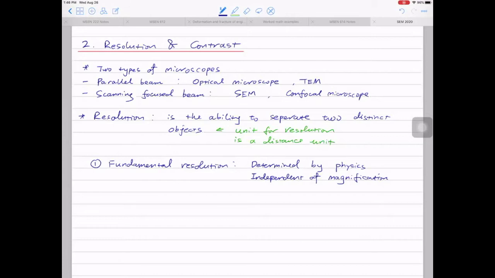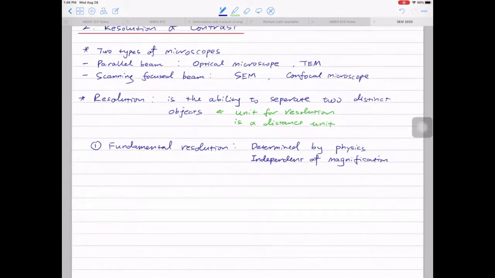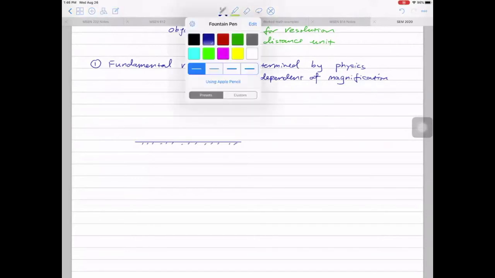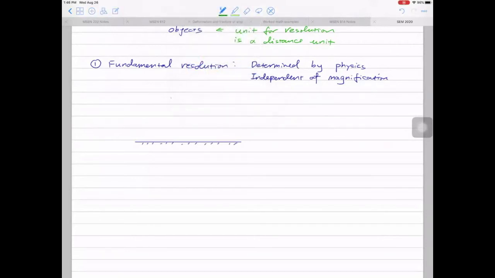Okay, so for SEM, we are focusing the electron beam to a probe that scans on the specimen. So let's draw the schematic. If we have a specimen like that, that's the specimen surface. And we have the electron beam and convert that into a point.